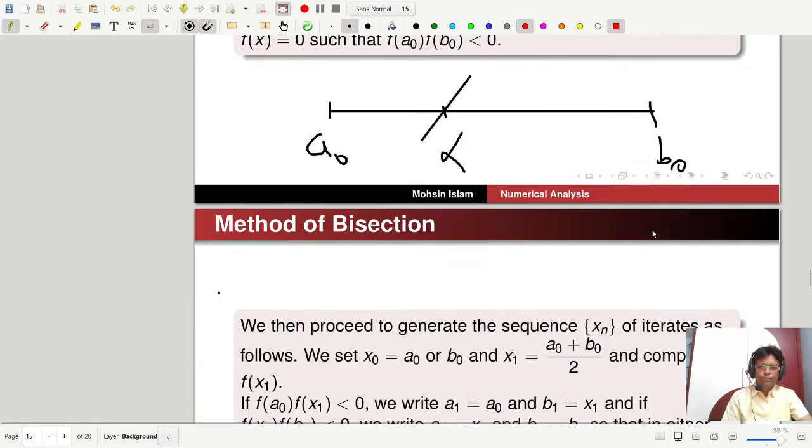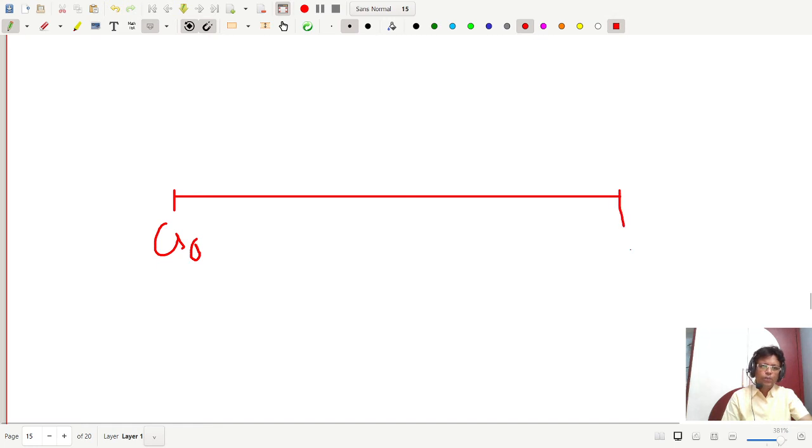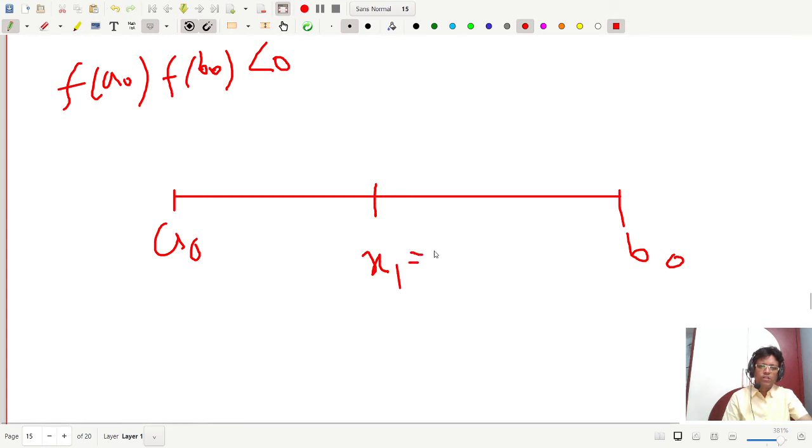Suppose this is your a0 initially and this is your b0. [a0, b0] contains the root because f(a0) times f(b0) is less than 0. Now this is your x1, which is (a0 + b0)/2. This is the midpoint. You are bisecting the interval [a0, b0].